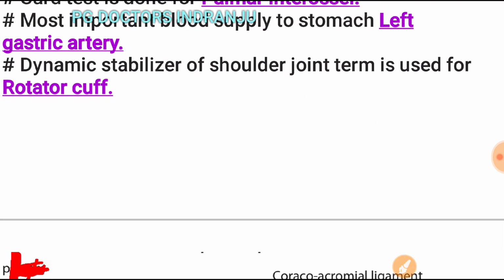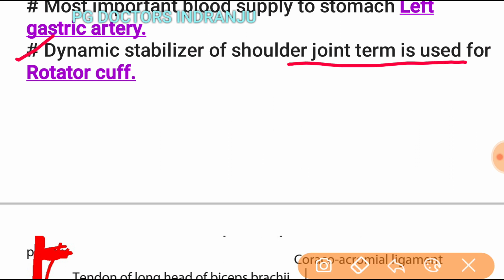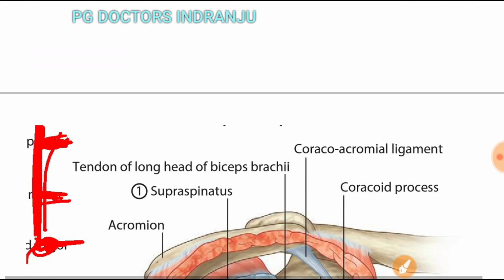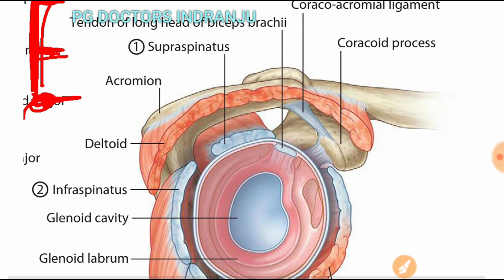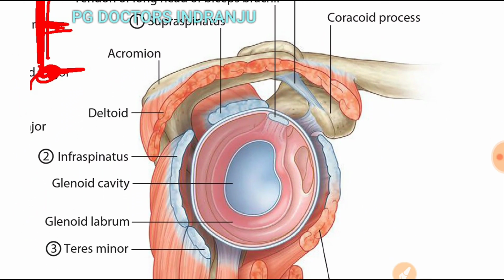Next is the dynamic stability of the shoulder joint. The term is used for the rotator cuff. How can you remember the rotator cuff? This is very important and many times asked in NEET PG.